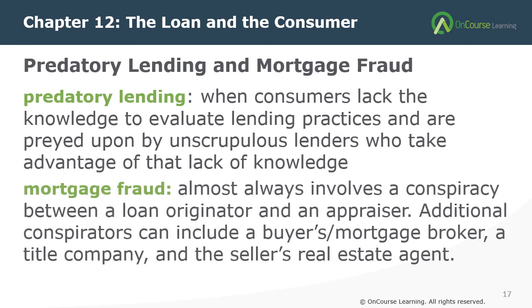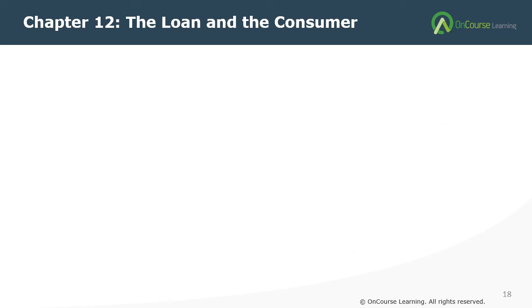And on the flip side, there is also what's known as mortgage fraud, and that almost always involves a conspiracy between a lender and an appraiser. But co-conspirators might also include brokers, title companies, and sellers' agents.